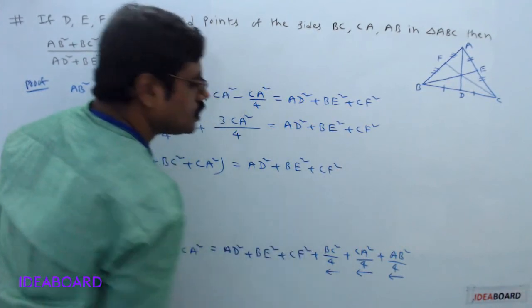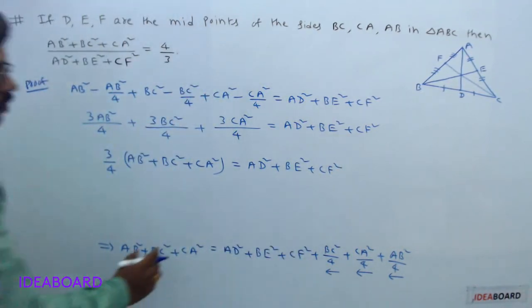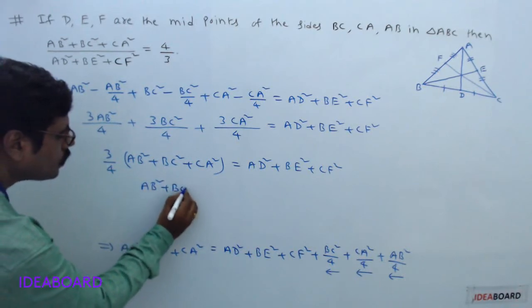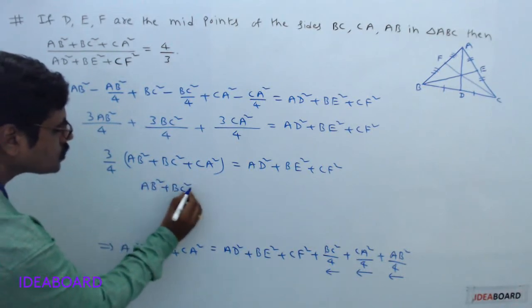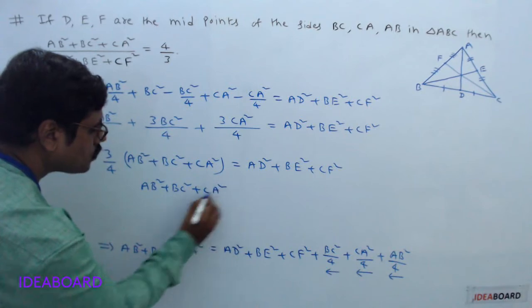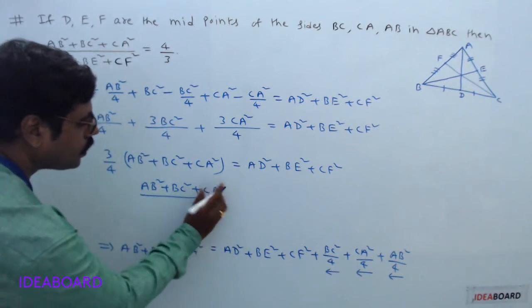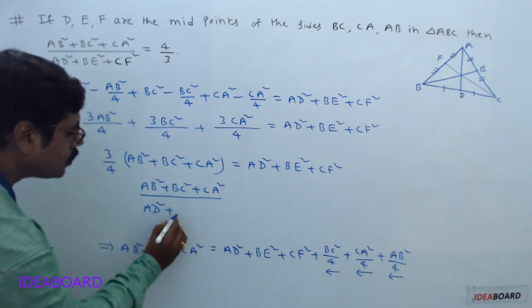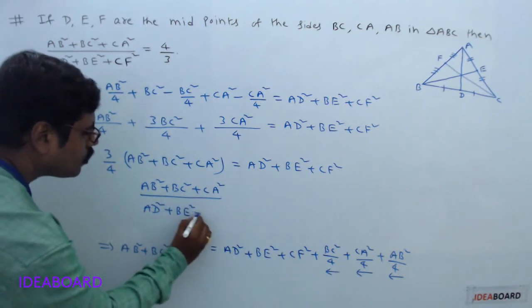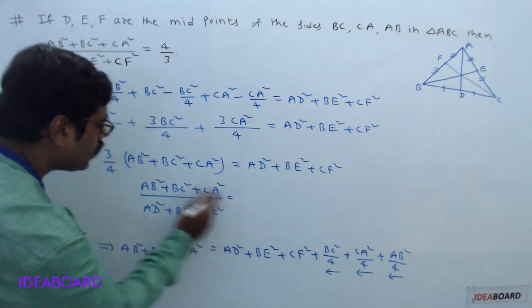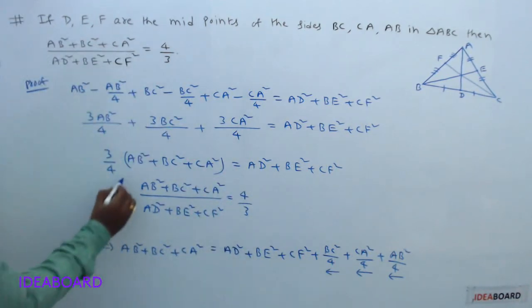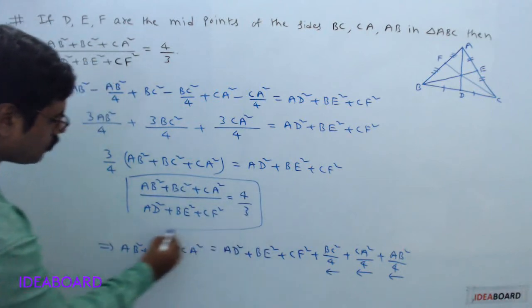Now from this equation, AB square plus BC square plus CA square divided by AD square plus BE square plus CF square equals to 4 divided by 3. So this is our required formula.